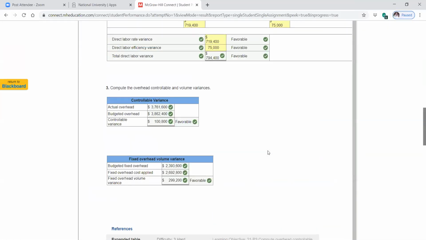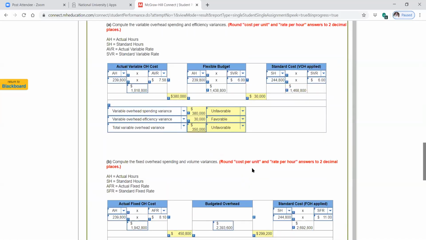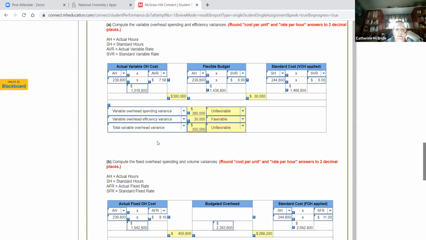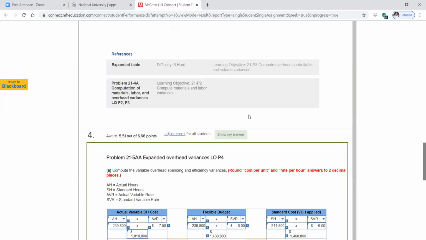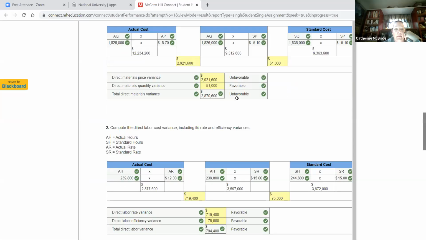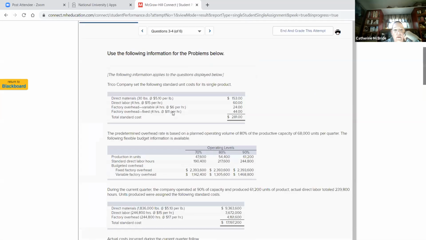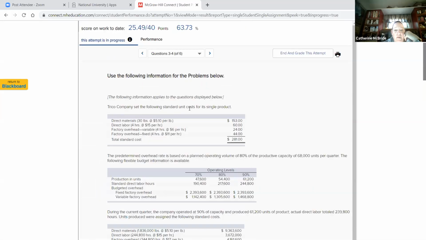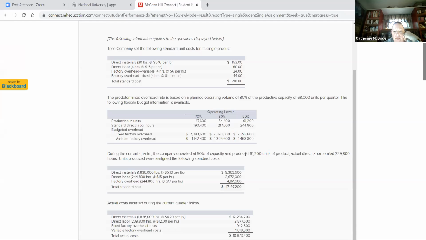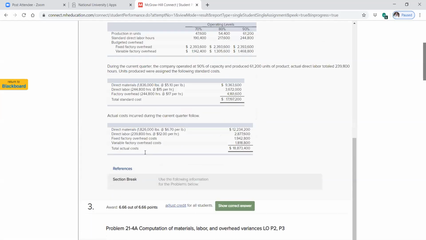Could we touch base real quick on where the AVR prices come from? Because I looked at the data and I couldn't find it. Okay, so this is the actual variable. So this is the overhead for variable, right? So we go way up here. This is budget. This is budget. That's $17 per hour.